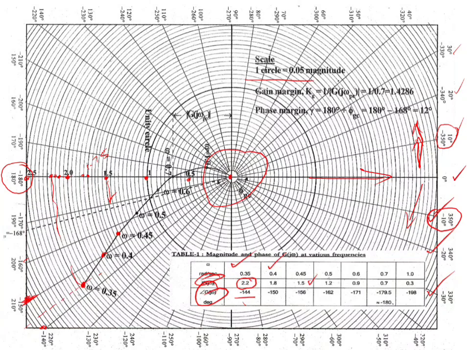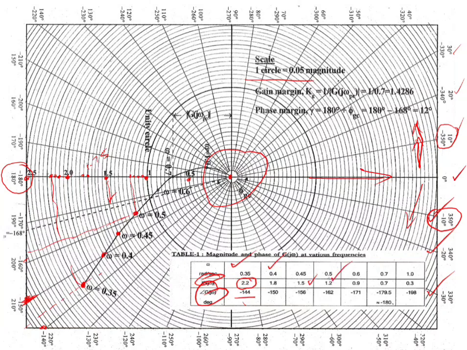The next point is 1.2 and -162. 162 is above -160, somewhere here, and the magnitude is 1.2. 1.2 is after 1, this is 1.05, this is 1.1, 1.15, this is 1.2. So this line and 160 gives this point.